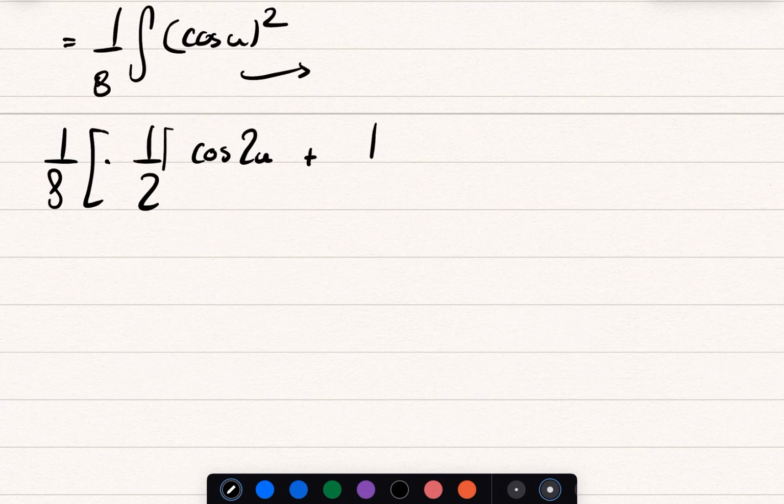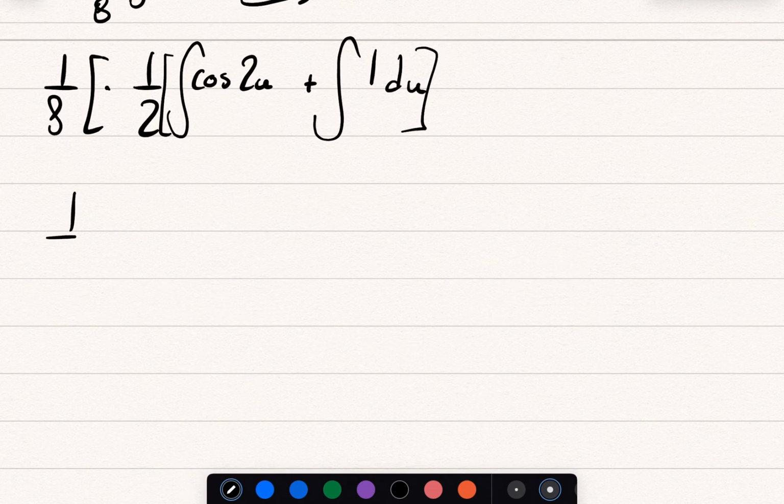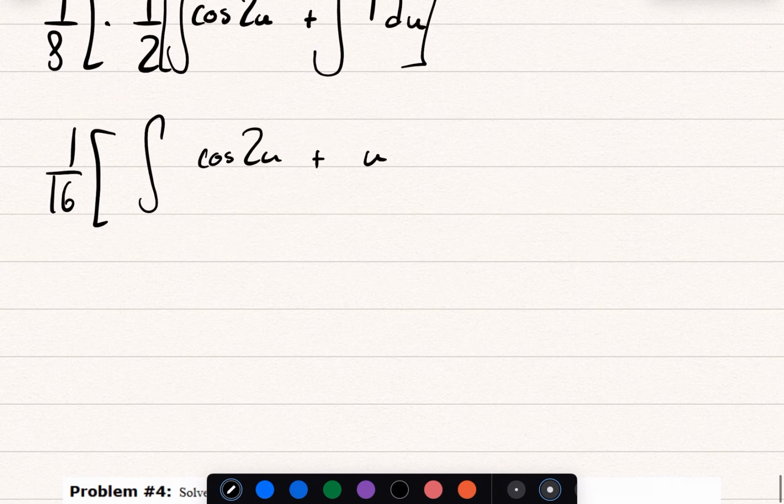Let me put it to you like this, right? Integral. This is now du. So, I have 1 over 16 times. Now cos, I'm gonna leave that there for a second, okay? I have the integral of cos 2u. The other one's easy, it's just plus u, right?